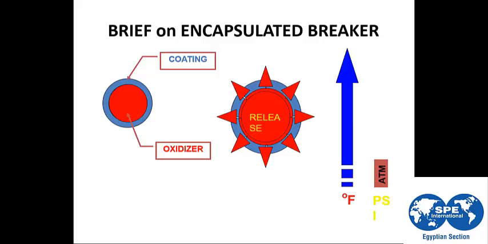Once the fracture is closed, there is high stress applied on these breaker particles, and the breaker comes out of its coating, and directly after it comes out, it interacts with the frac fluid, resulting in breaking of the gelling agent.